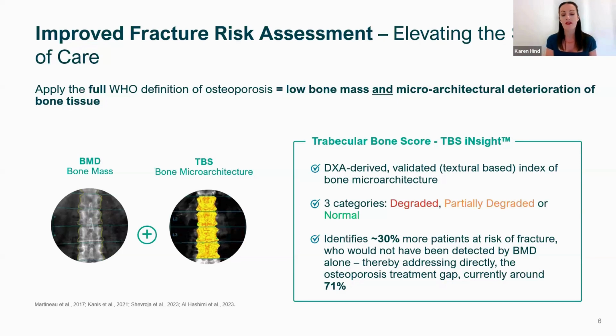Now, with this, depending on the study, across many different primary and secondary osteoporosis categories, we know that we can identify around 30% more of osteopenic patients who are at risk of fracture who would not have been detected by BMD alone. And by that, we're actively addressing directly that osteoporosis treatment gap, which if you've seen the latest SCOPE paper, you will know is in the region of 71%. So that's 71% of patients who are not being picked up and at risk of fracture and are not receiving the treatment that they need.